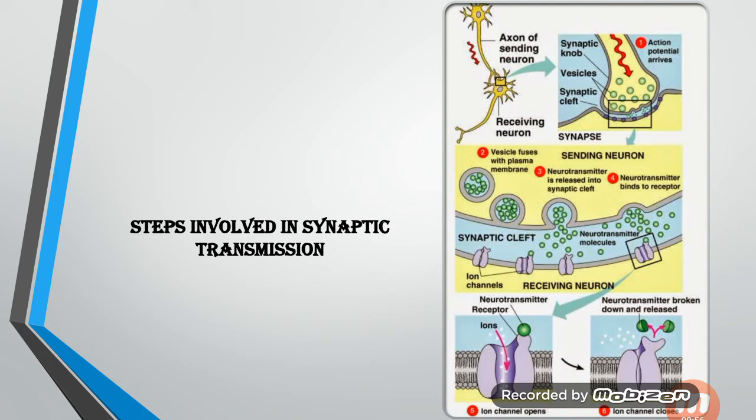Then in the fourth step, the released neurotransmitter molecules diffuse across the cleft and bind to the receptor molecules, which are present in different parts of your sensory areas, and these bind to receptor molecules on the postsynaptic cell surface membrane.